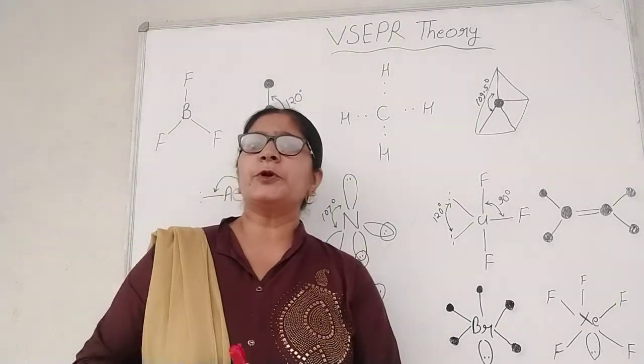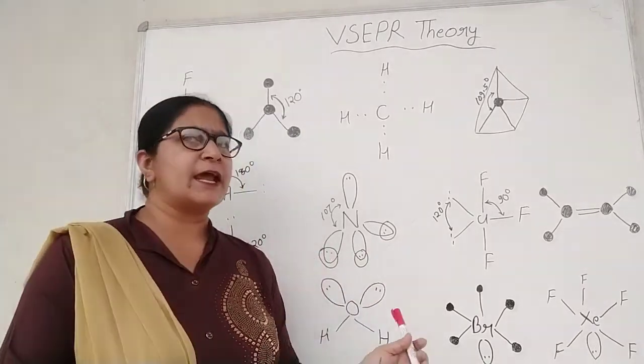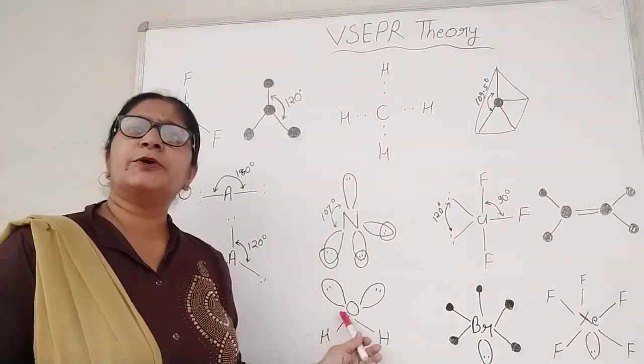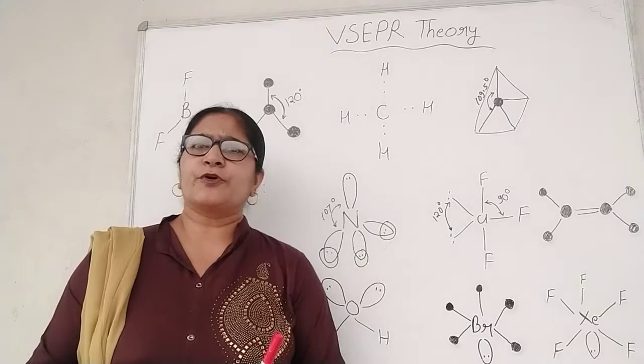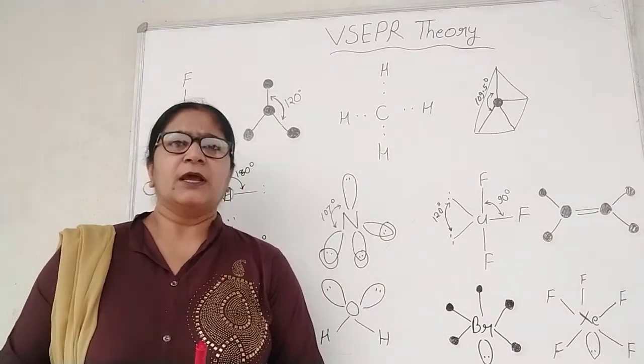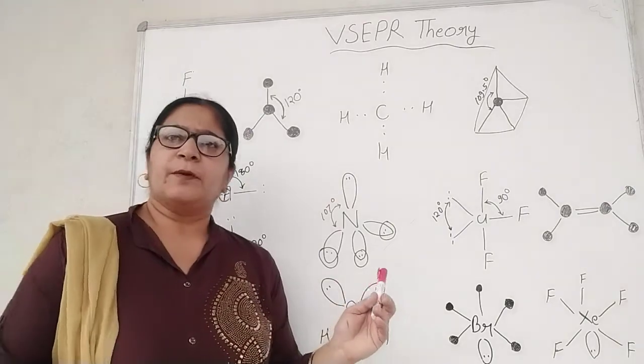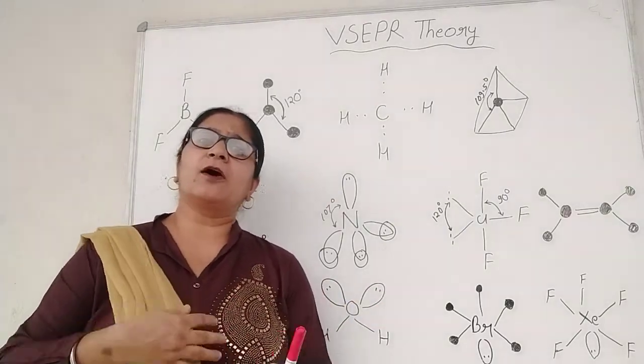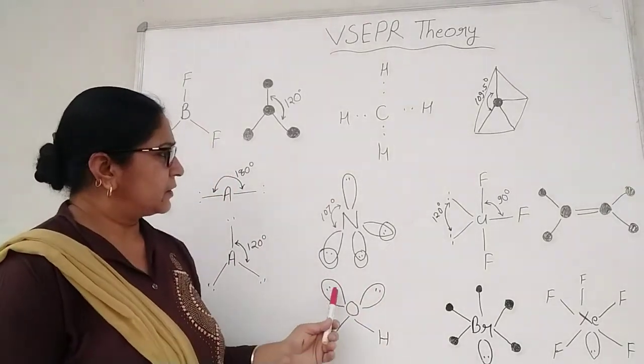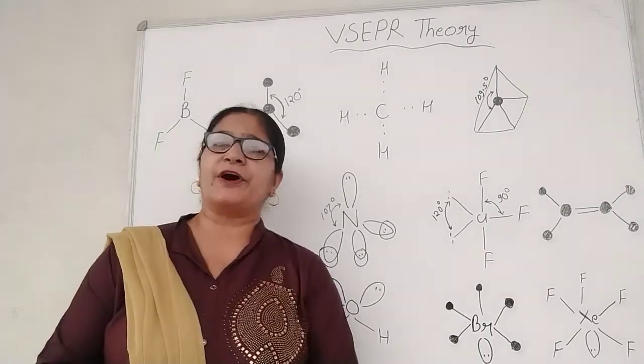Thus, the two lone pairs on the central oxygen atom make the molecule distort from its regular geometry to a bent or V-shape, with a bond angle of 104.5 degrees.